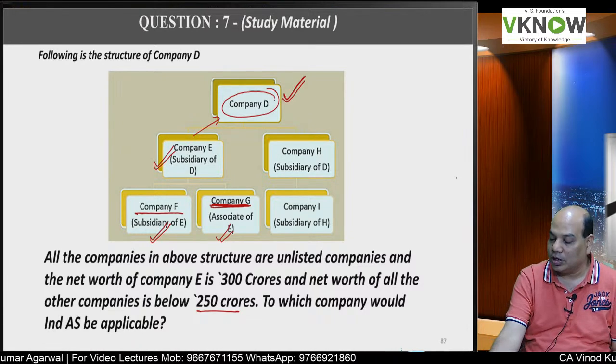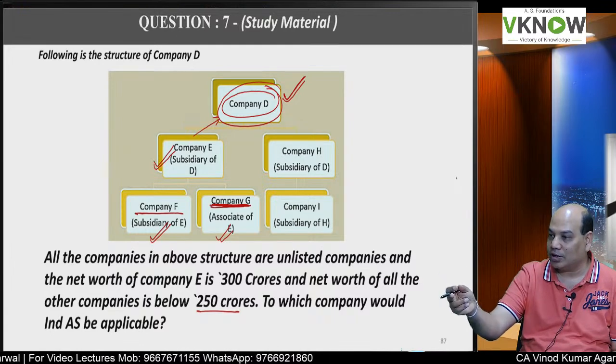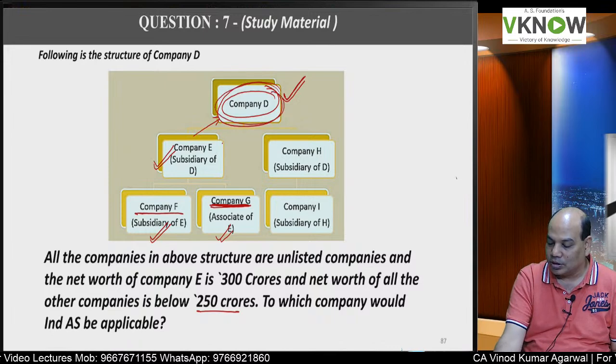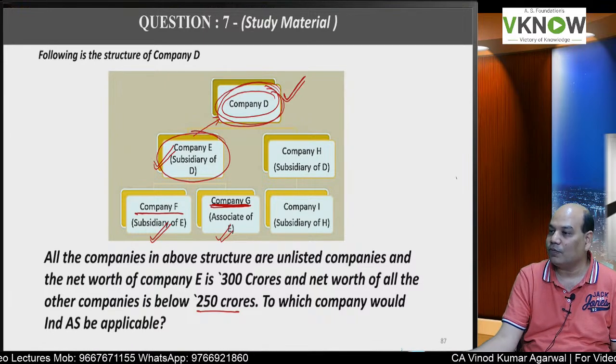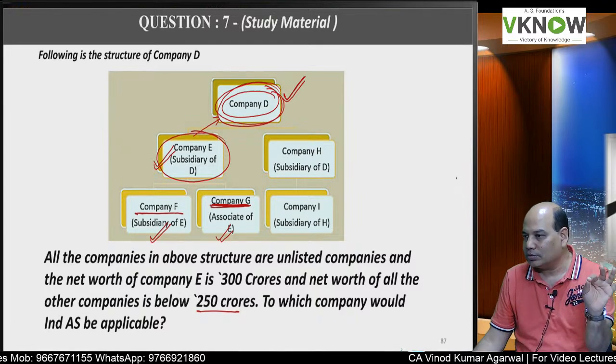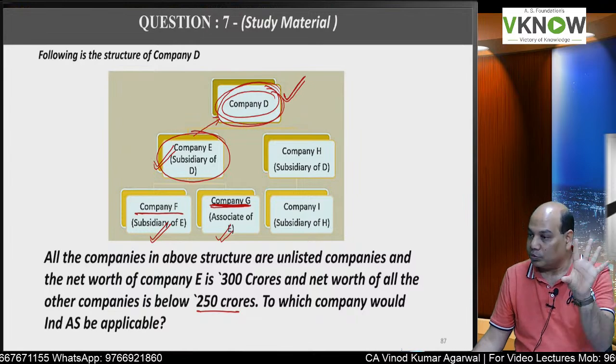D is following Ind AS not because it fulfilled the listed criteria or the net worth criteria. D has followed Ind AS because its subsidiary follows Ind AS. So it does not have a net worth of more than 250 crore, it is not a listed company, but it is following Ind AS.